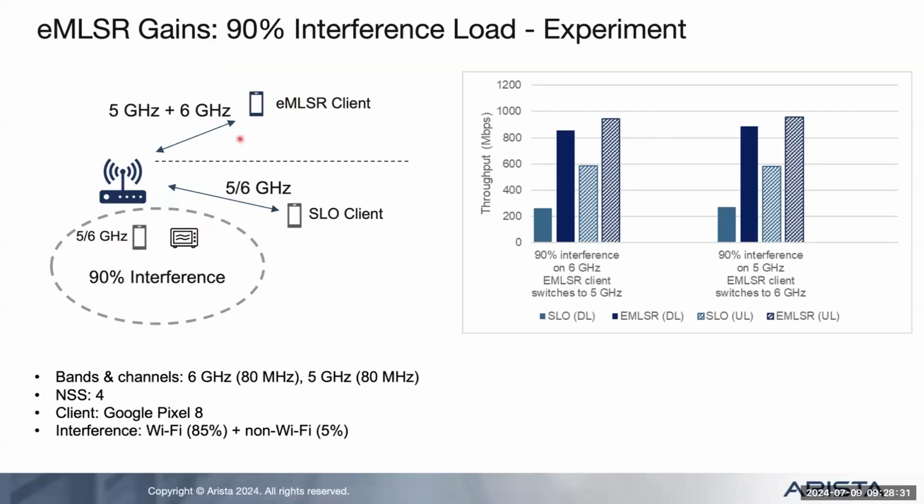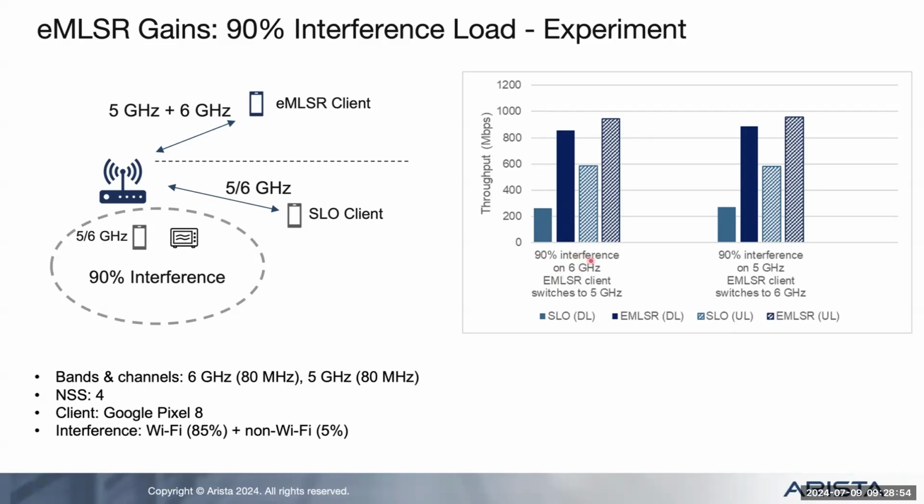First, we ran the throughput test with the EMLSR client, followed by the client operating in 5 gigahertz and 6 gigahertz separately for single link operation. So what we see is that these two charts are a direct comparison.